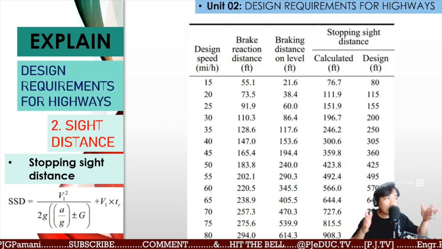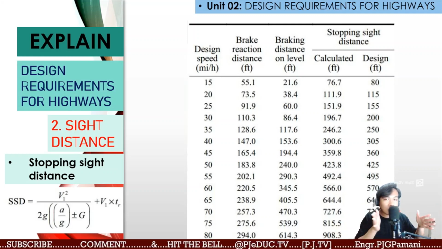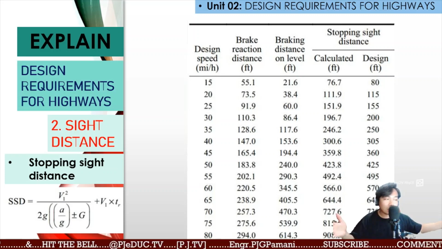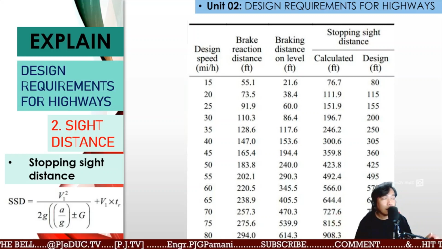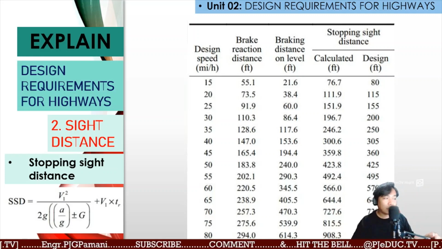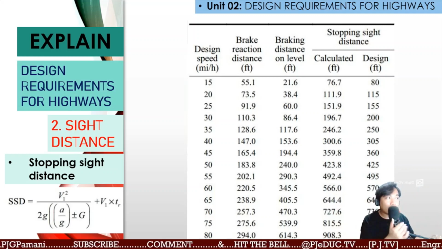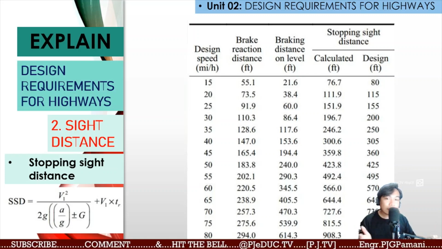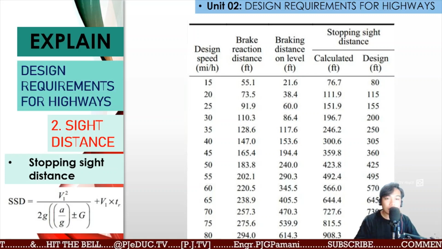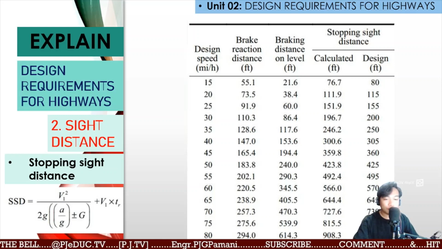The braking distance on level, which is before you brake, is at a distance of 614.3 feet. So you can immediately perceive the opposing vehicle. Then the calculated stopping sight distance should be 908.3 feet, and a design distance of 910 feet.